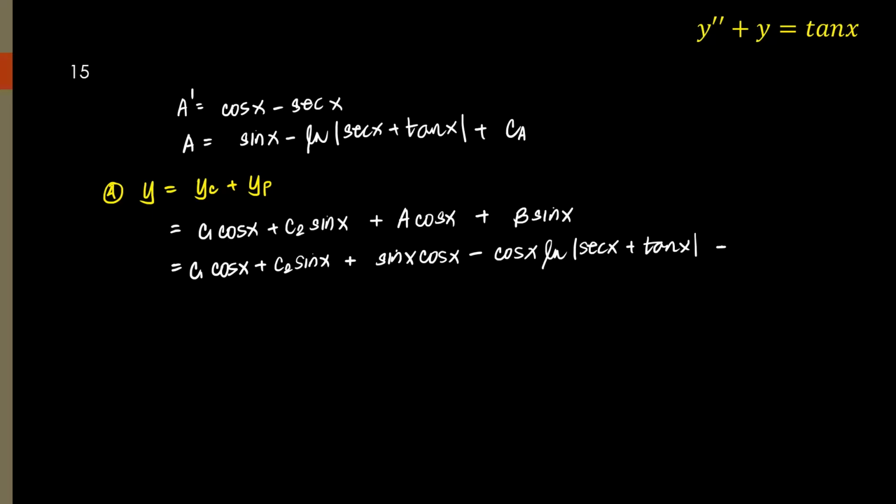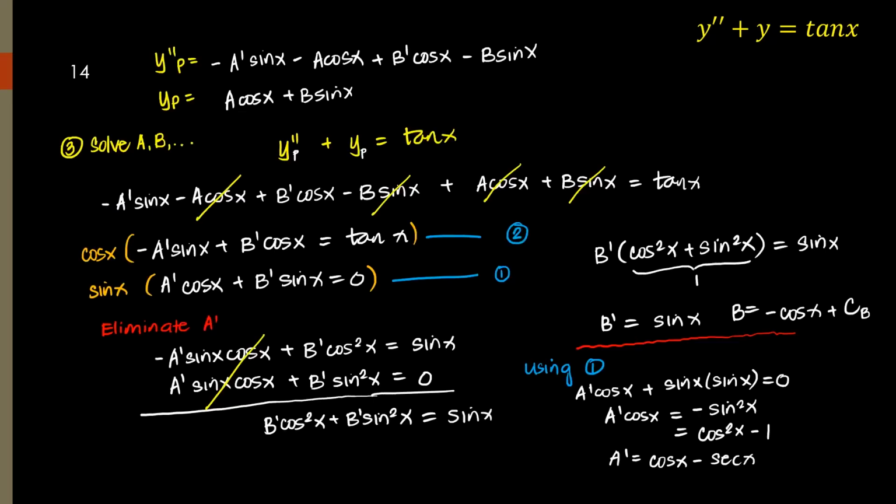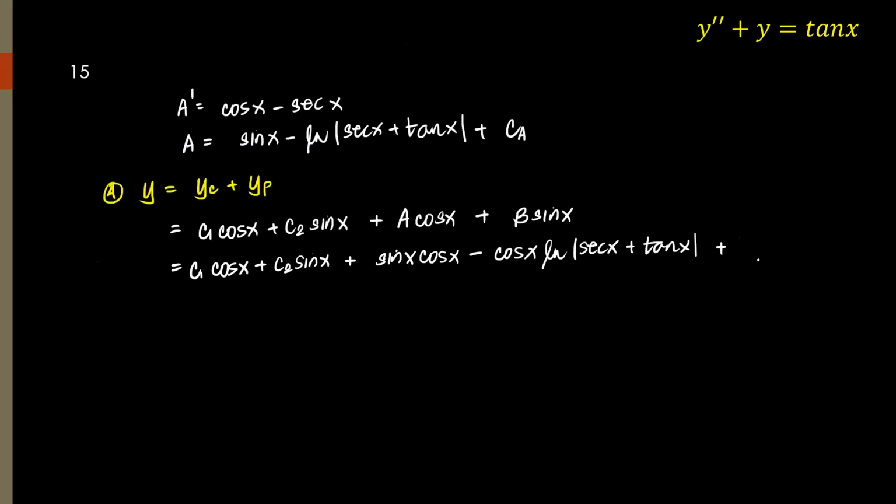Yes. And then there's b sine of x. What is b? Our b that we solve for is actually negative cosine of x plus cb. So plus negative cosine of x sine of x.